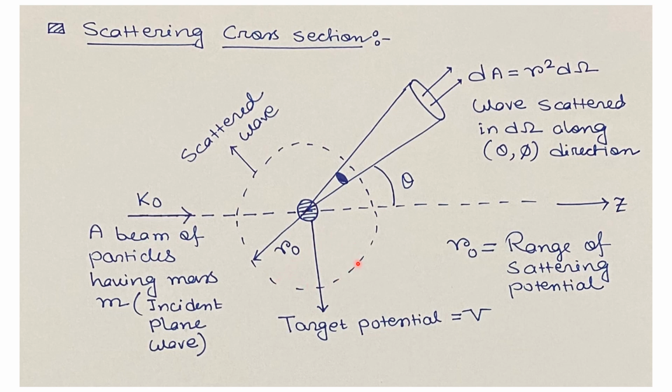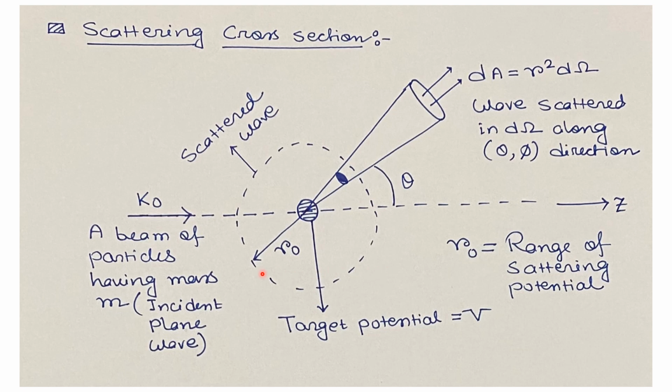So this effect of the scattering potential will remain in the sphere having radius r0, where r0 is known as the range of the scattering potential. Now, due to the interaction of the incident particles with the scattering potential, the particles will get scattered in all the directions. After leaving the sphere, the incident particles move again along a straight line.